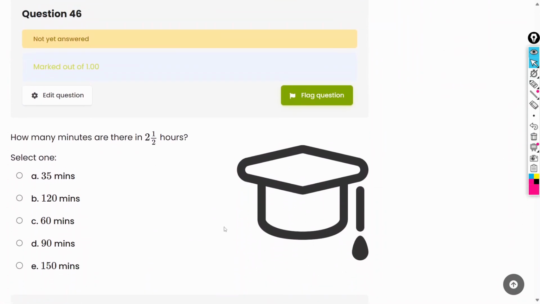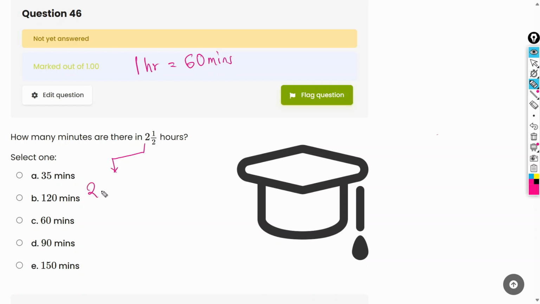How many minutes are there in 2.5 hours? Okay, so we can quickly use mental math for this. First, recall that 1 hour is equal to 60 minutes.